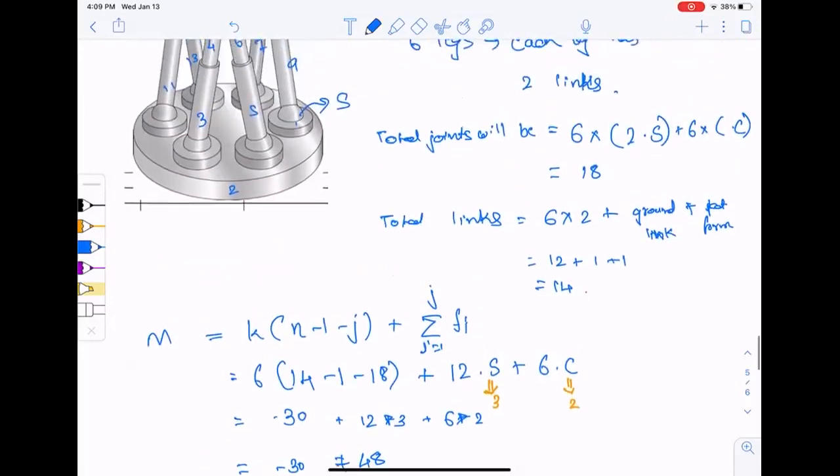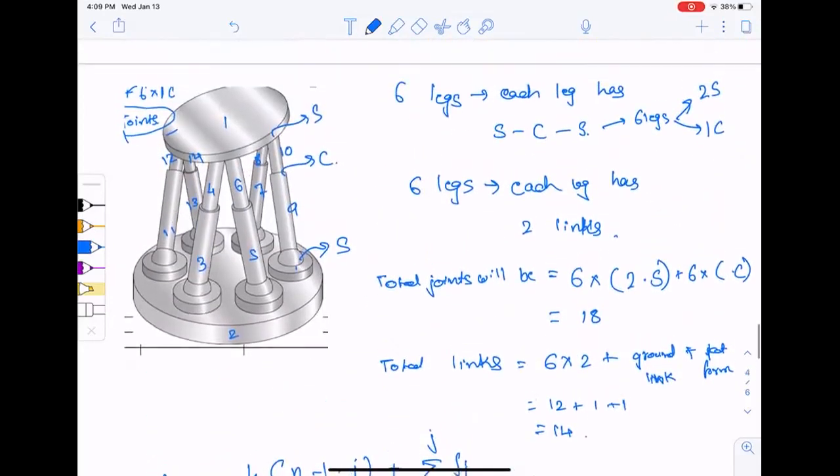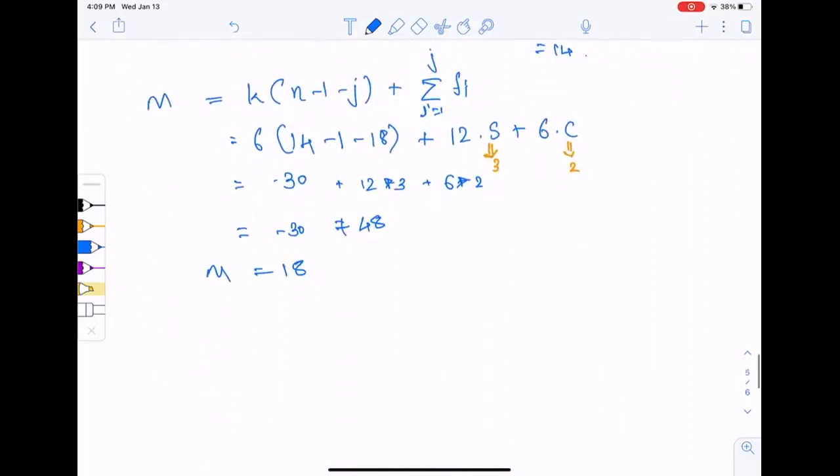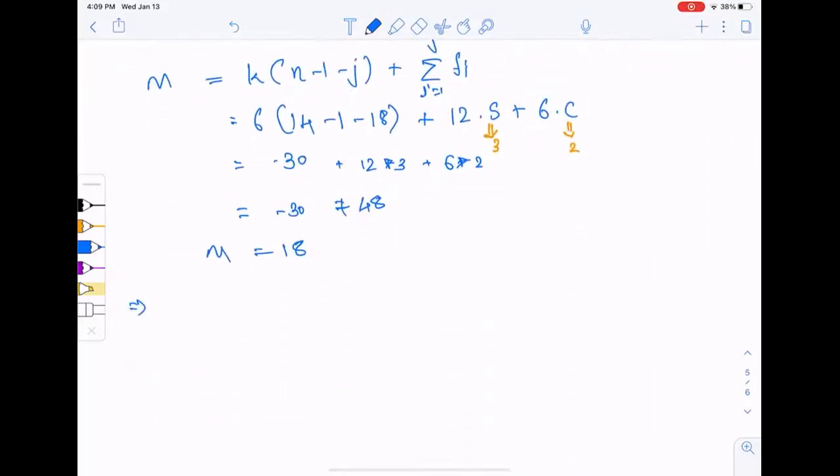However, let's look here. For each leg, we have some idle degrees of freedom. We can see that one leg has spherical, cylindrical, and spherical.